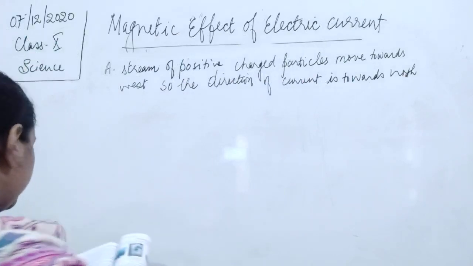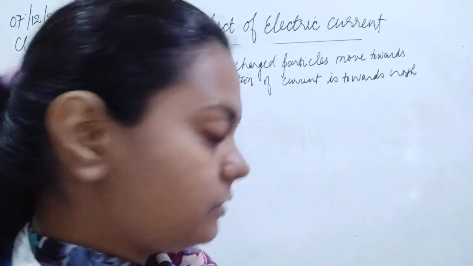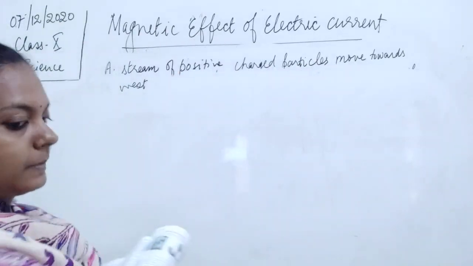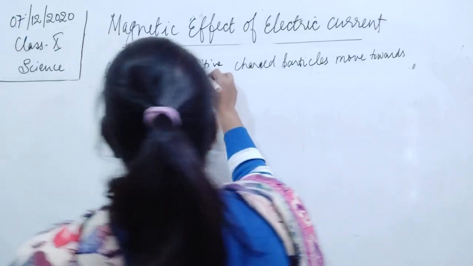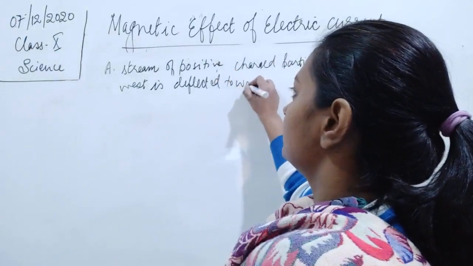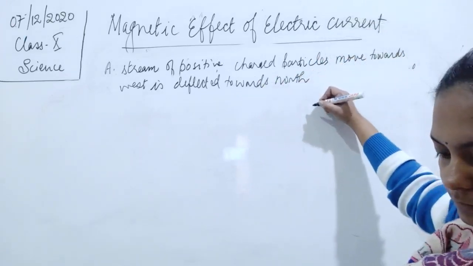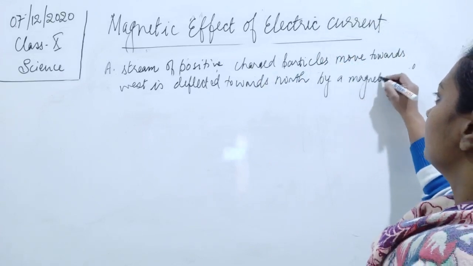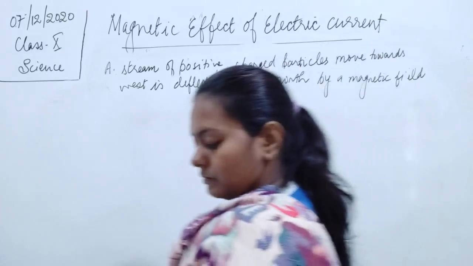If a stream of positively charged particles moves towards west, it is deflected towards north by a magnetic field. Okay.